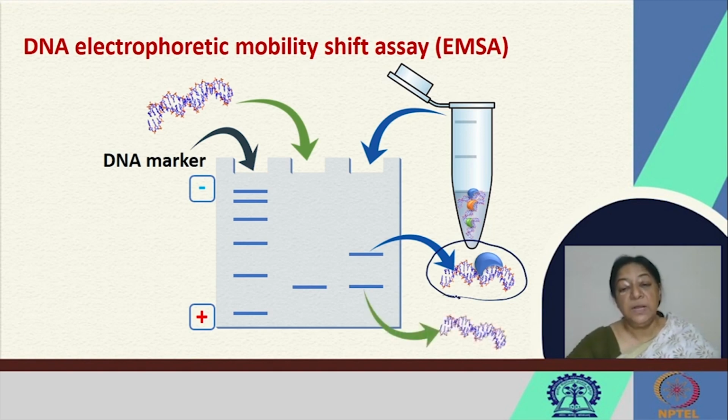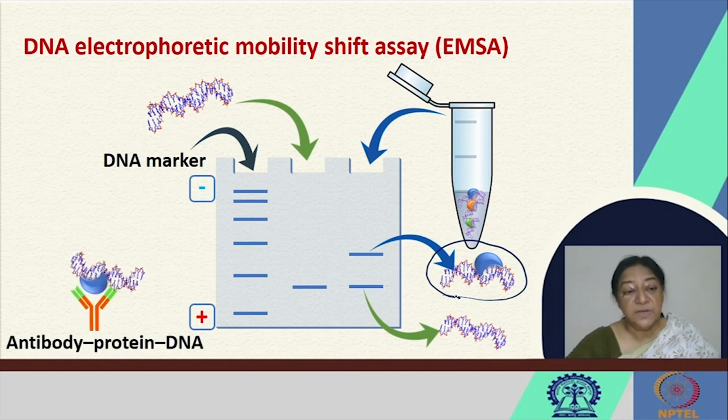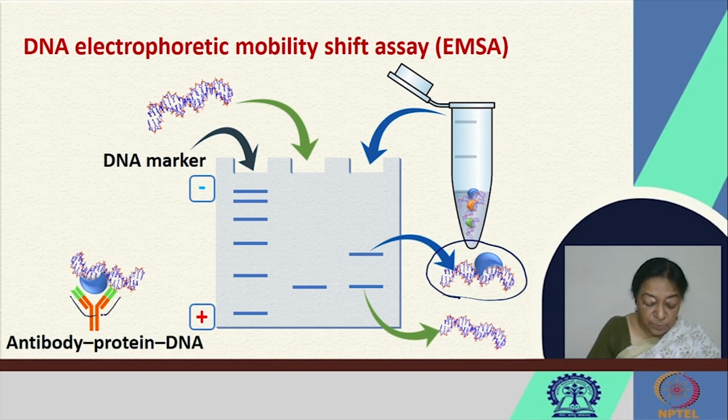This is our DNA. Another way that this may be even retarded further is the formation of an antibody protein DNA complex, where the specific antibody that we have is for this protein of interest.